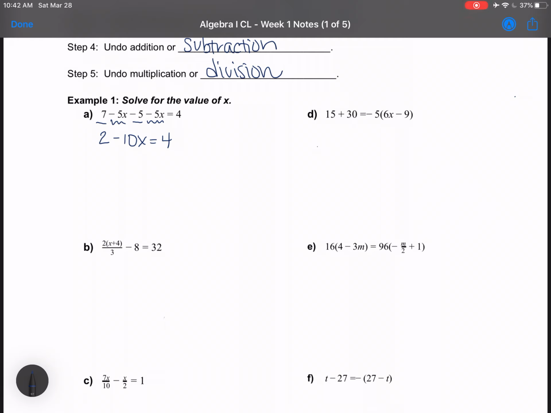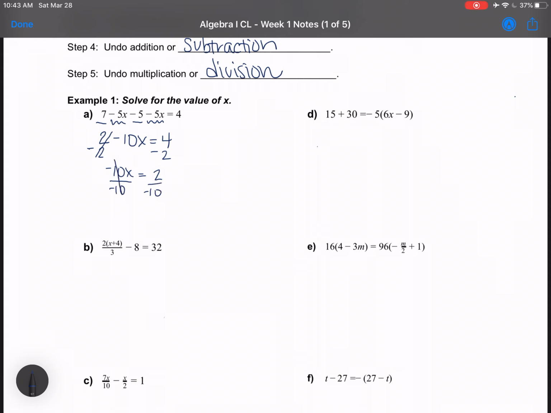Then we're trying to get x by itself, so we're going to first start off with subtracting the 2 to the other side. So 2 minus 2 cancels, and we have negative 10x equals 4 minus 2, which is 2. Then to get x by itself, we're going to divide by negative 10 on both sides.